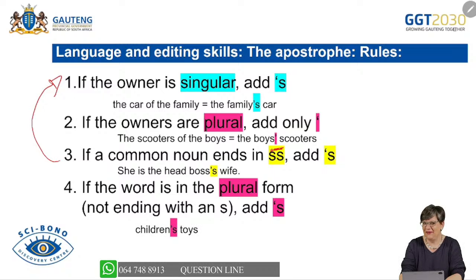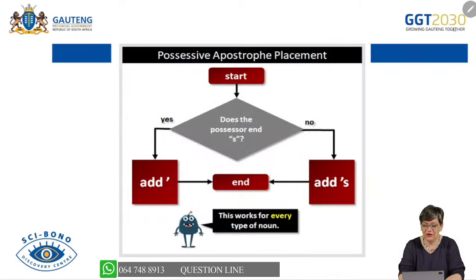Let's make it easy for you. I really hope you can remember this little slide. This is the easiest way to remember it. We start at the beginning. And the first thing you ask yourself is, does the possessor end with an S? So that's your question. Does the person who something belongs to, does it end with an S?